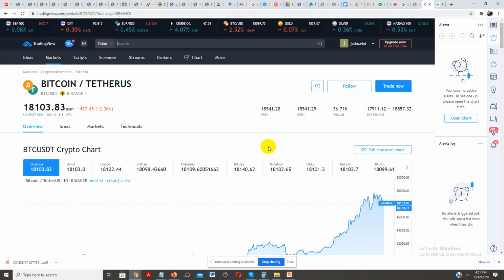I am seeing follow, BTC USDT, follow. Then I'm seeing trade now. Nothing more down. You're not seeing the price, overview, idea, market, technical?